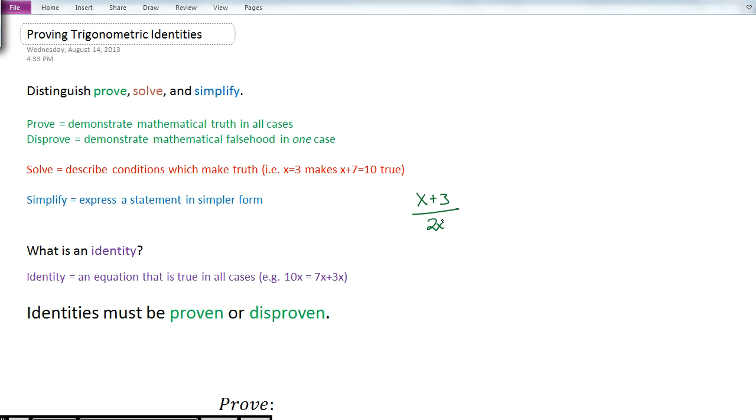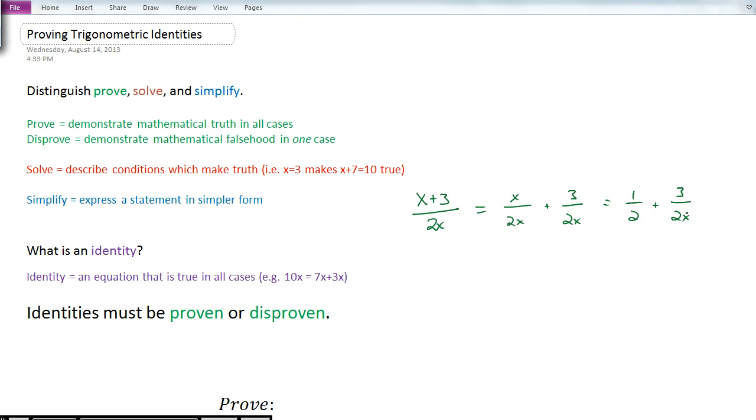It doesn't have an equal sign or a greater than sign or a not equal to sign. It doesn't have a predicate. It's just a mathematical expression. And to simplify it, you might say this is x over 2x plus 3 over 2x, and that might be considered to be 1/2 plus 3 over 2x.